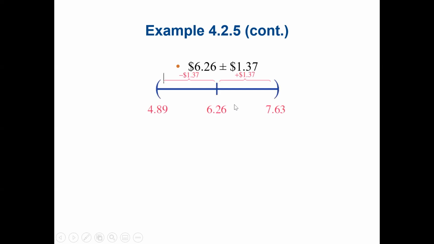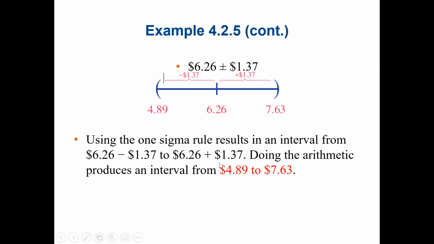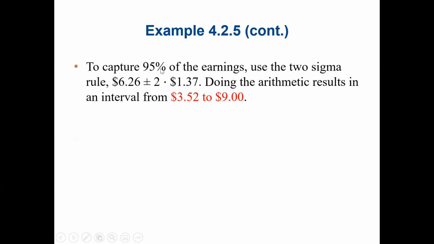So 68% of the distribution will lie between 4.89 and 7.63. Now let's look at 95%. 95% means two standard deviations. So for 95% of the earnings, we are going to get 2 times the standard deviation, which is 1.37.